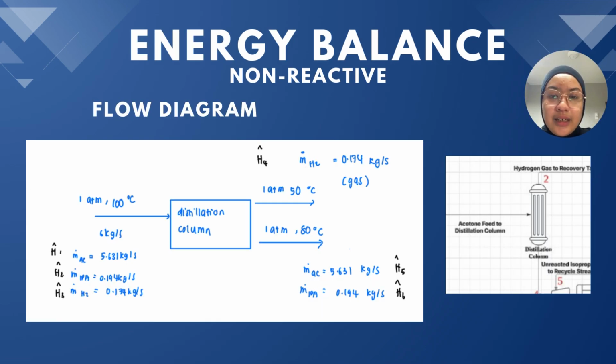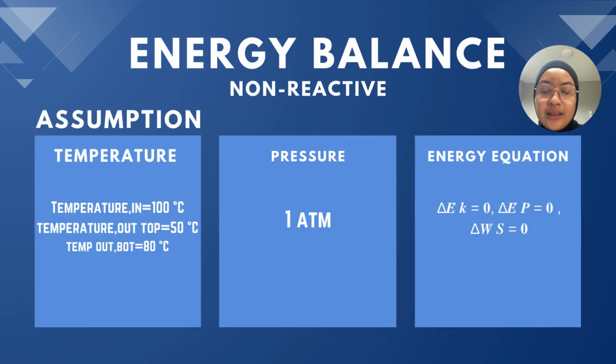Hi, I am Sarah and I will explain the energy balance for the non-reactive system. For the non-reactive system, we chose the distillation column, and this is the flow diagram for it. These are the assumptions that we make. First is the temperature in and out.